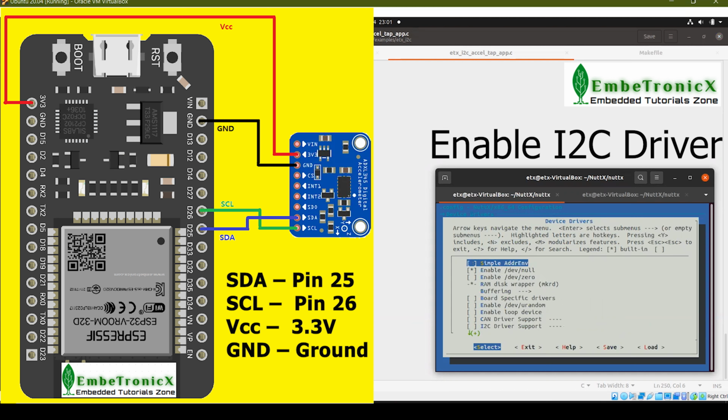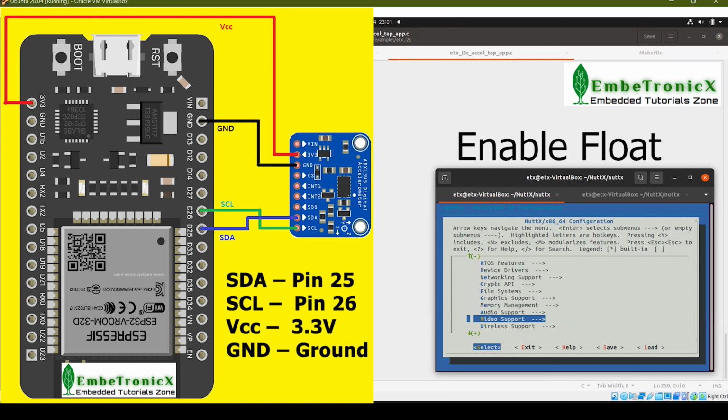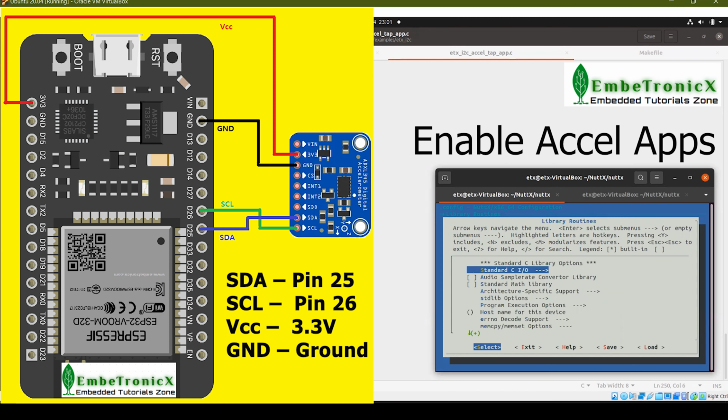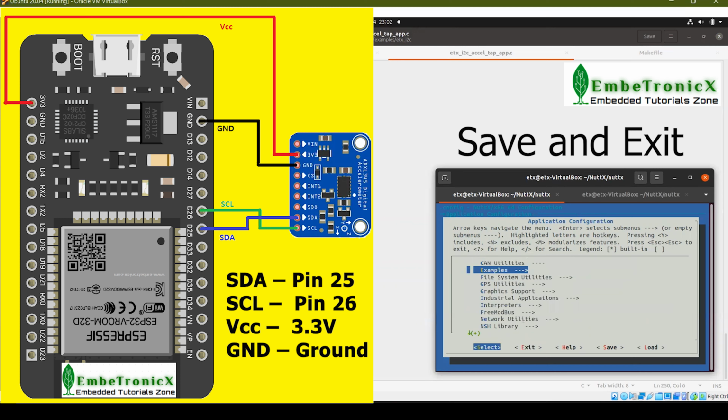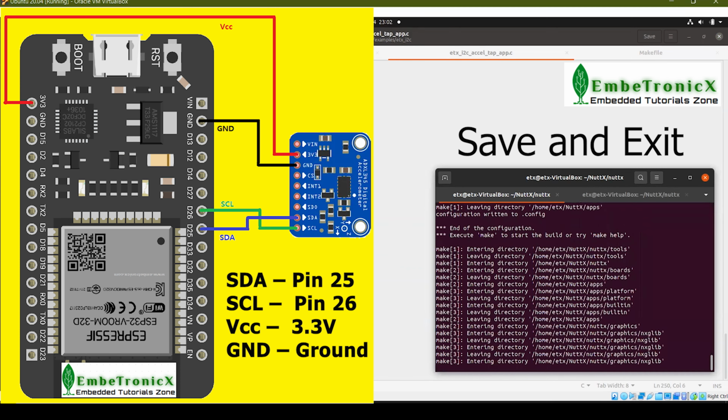Enable the I2C device driver. Enable the float in printf. Enable the accelerometer applications that we have added now. We have enabled all the required things. Let's save these changes and exit the menuconfig.